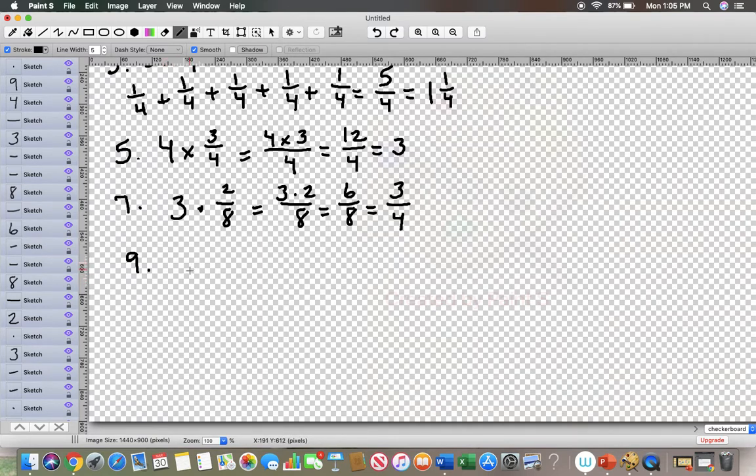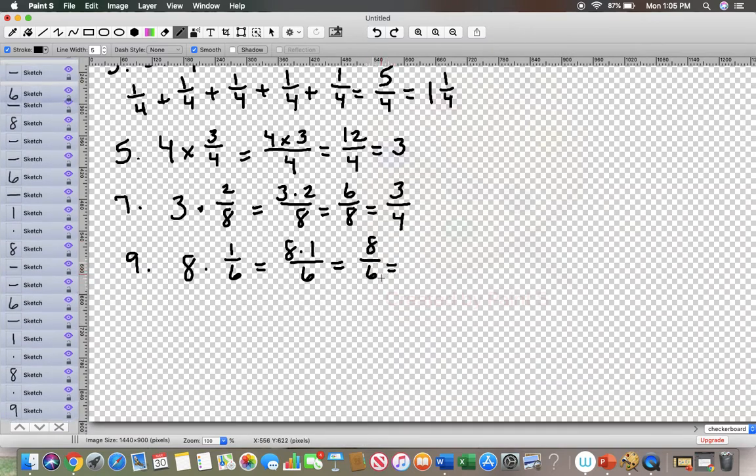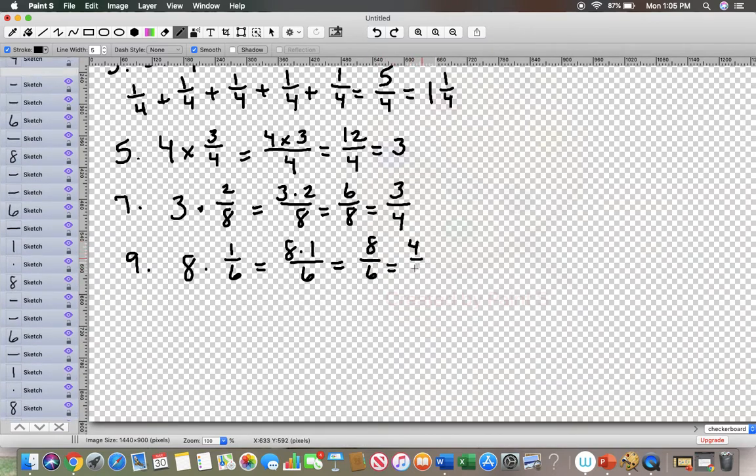Let's do the last one. 8 times 1/6. Multiply the numerators together. Divide by the denominator. I get 8 over 6. I can either reduce it down to 4/3 or I can change it to a mixed number, 1 and 1/3.